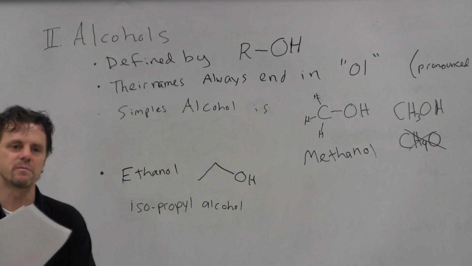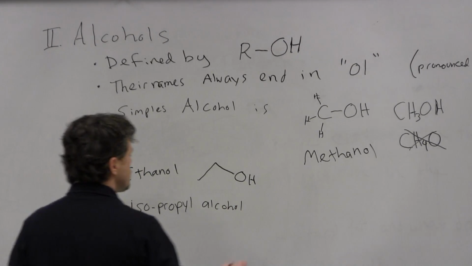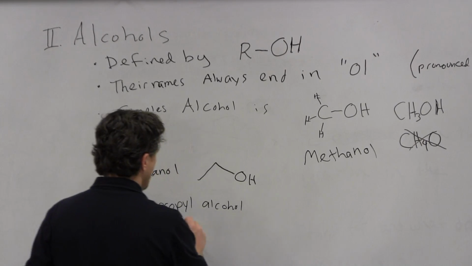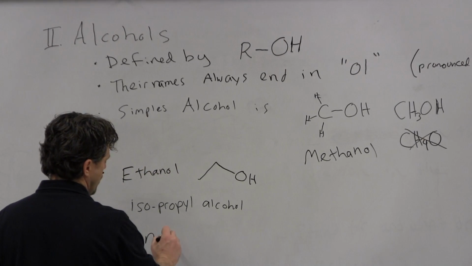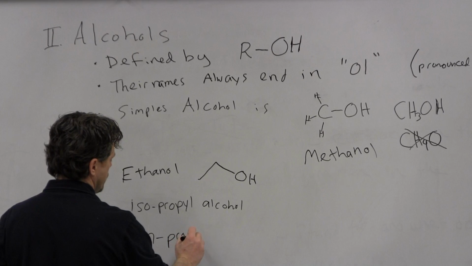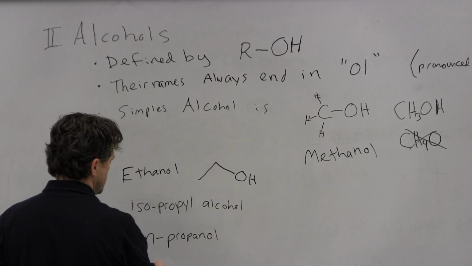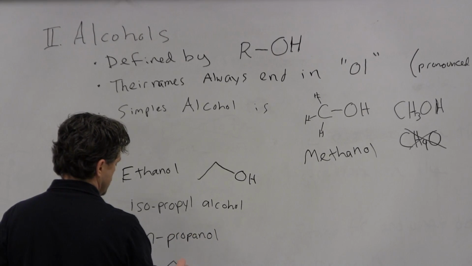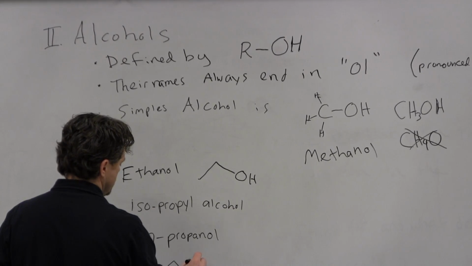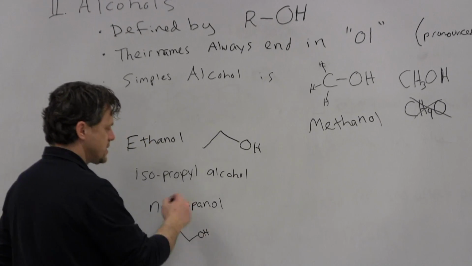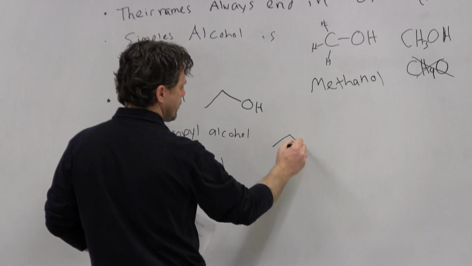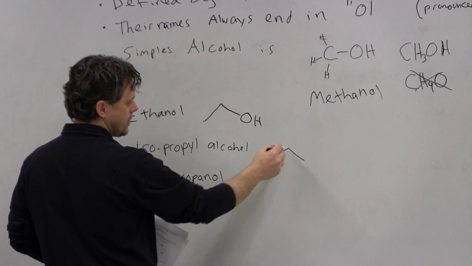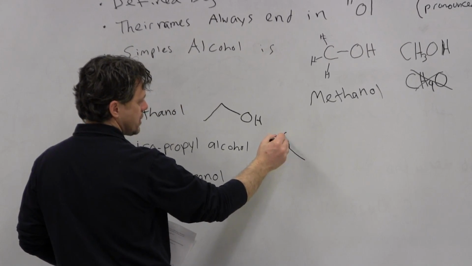It's probably in everybody's medicine cabinet. Now propanol, just normal, we call N-propanol, normal propanol, would be just the 1, 2, 3 carbons and then the OH. It's a straight chain alcohol. Isopropyl means that we take the center carbon and we put the OH group on that.